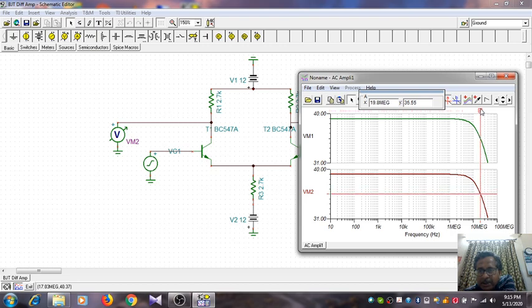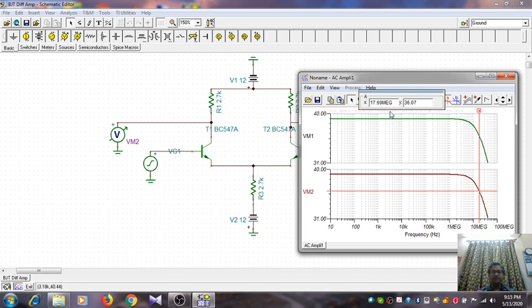Yeah, not there. The cursor you have to bring in very minutely. Yeah, so nearly 36.1, again we get at the same frequency, 17.69.